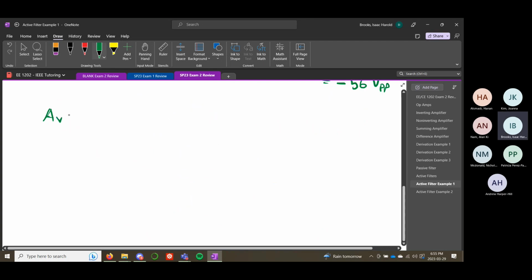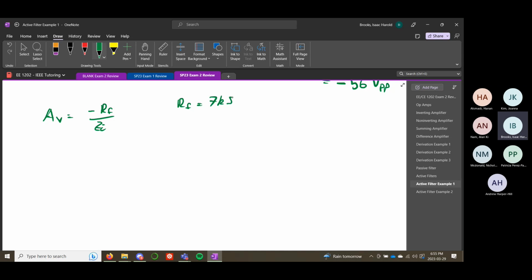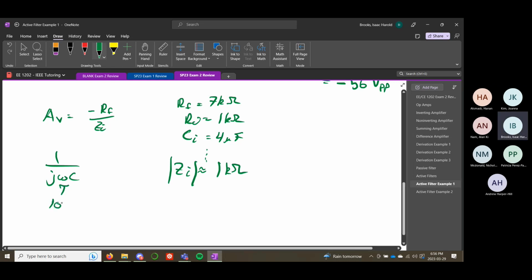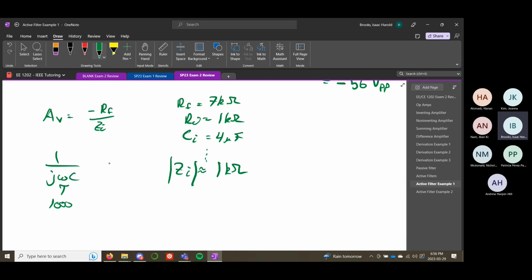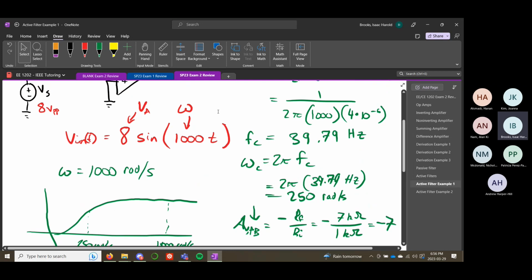So Av equals negative RF over ZI, where RF equals 7 kilo ohms, RI equals 1 kilo ohm, and Ci is 4 microfarads. You would find that your ZI would be very, very close, in magnitude, to 1 kilo ohm. I won't go through the steps there, but if you did the 1 over j omega C, your omega is going to be 1000. So this is going to have less of an impact than the resistor.